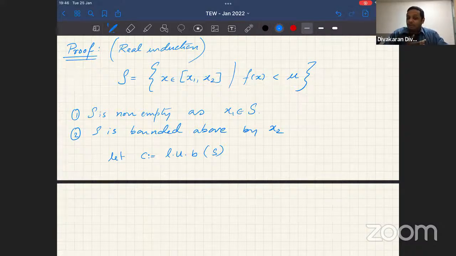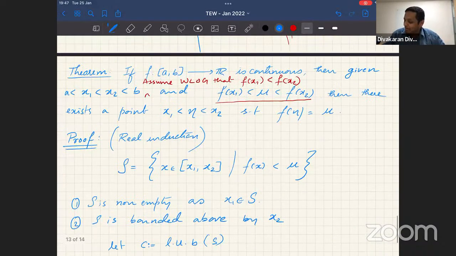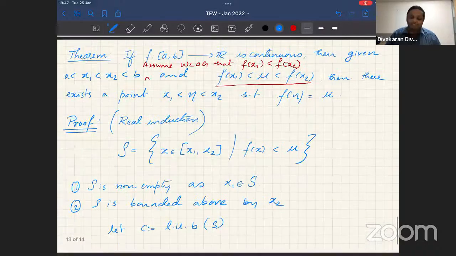Suppose f of C is strictly less than mu. If f of C is strictly less than mu, then this will happen. That's what we are going to prove, and that is why this is similar to induction. So of course there are two cases. Case 1 is f of C is equal to mu. If f of C is equal to mu, then our job is done, right?